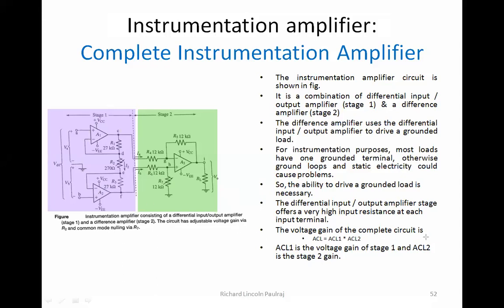Now the voltage gain of the complete circuit. I am summing up things, and this is going to be my final formula. ACL, the final gain of my closed loop circuit, is going to be ACL1 times ACL2.